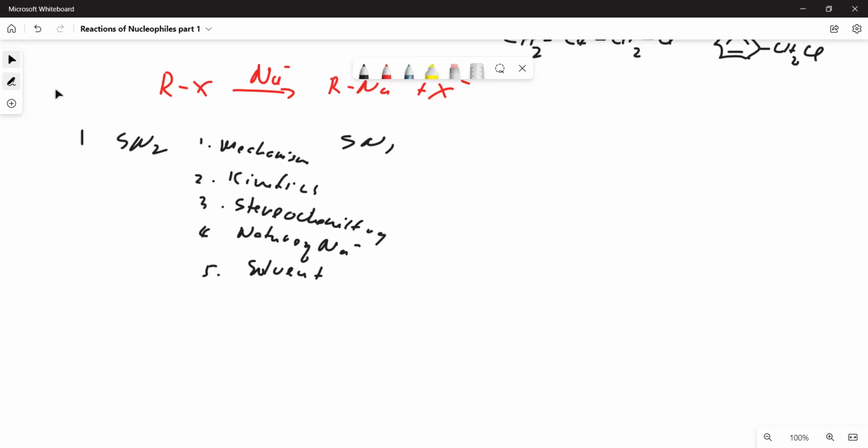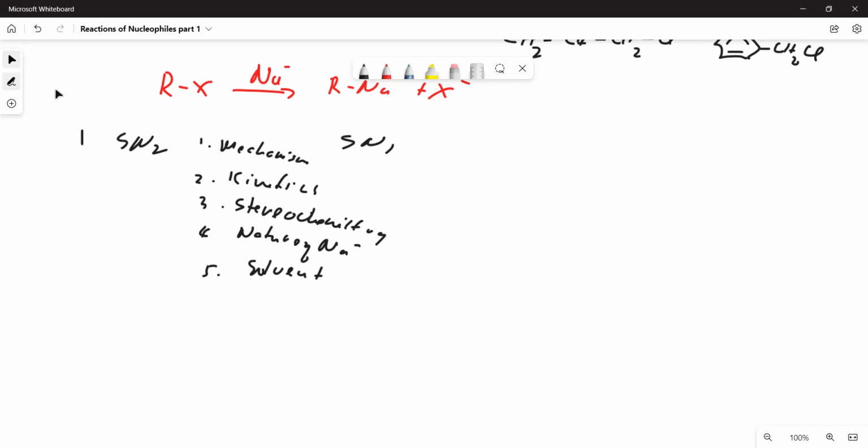So in SN2, nucleophilic substitution bimolecular, that's the meaning of the subscript 2: in the formation of the transition state, there are two reactants involved. And this is very important if you're going to analyze the rate of an SN2 reaction.